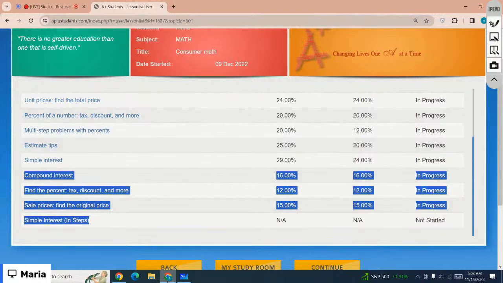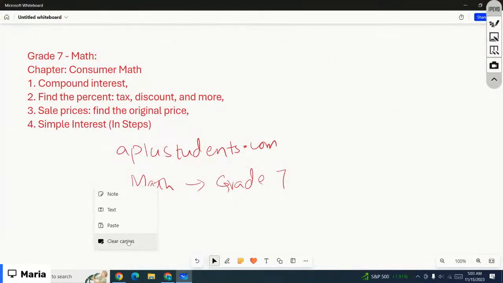What is the compound interest? Okay, you can note down the definition of the compound interest. I'm going to write it down on the board.